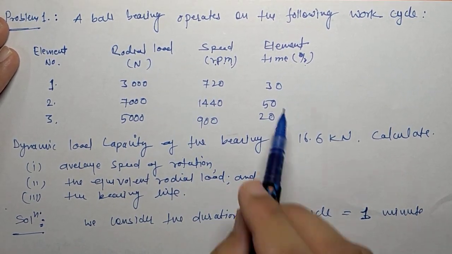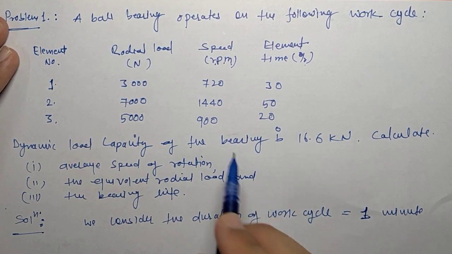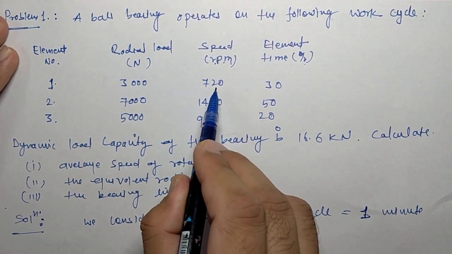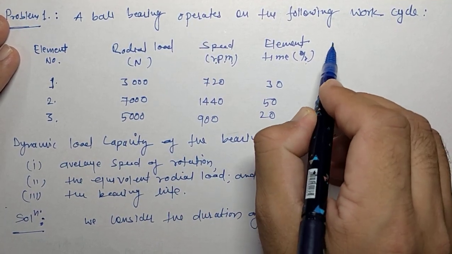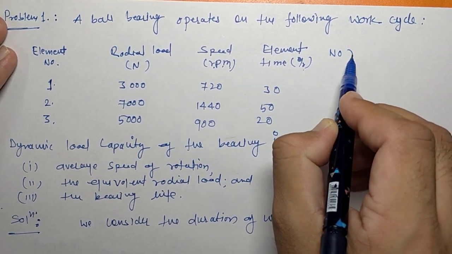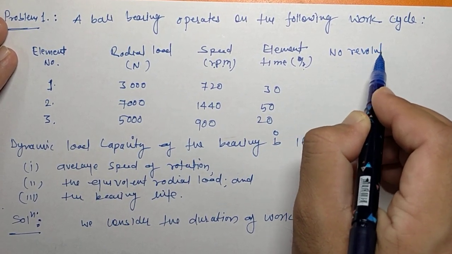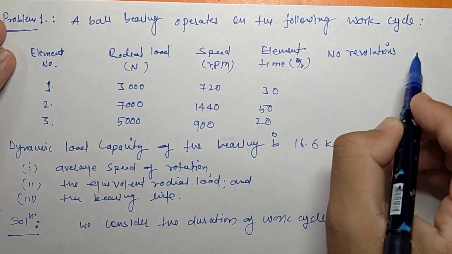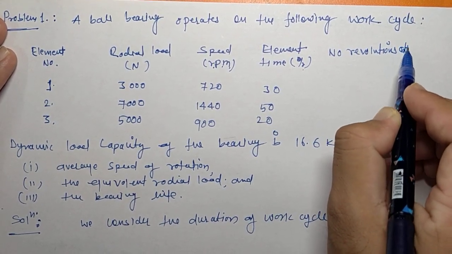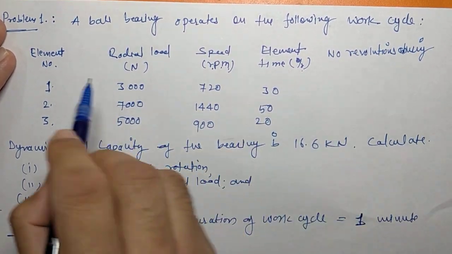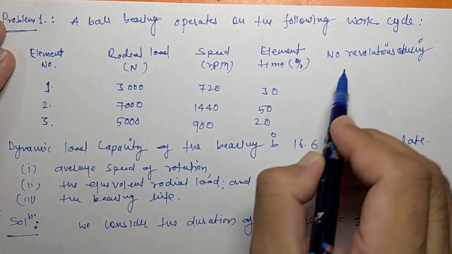Within the 30% of 1 minute, we can calculate the number of revolutions during element number 1.